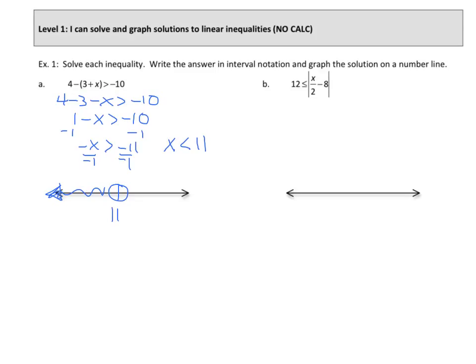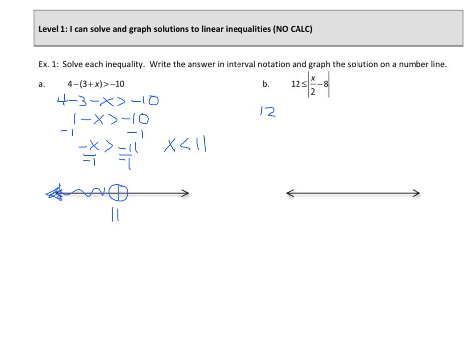And in the next example, this is an absolute value inequality. The first step would be to get the absolute value isolated, and in this case it already is. And then you make two different inequalities. The first inequality, you just keep the same as what's written.